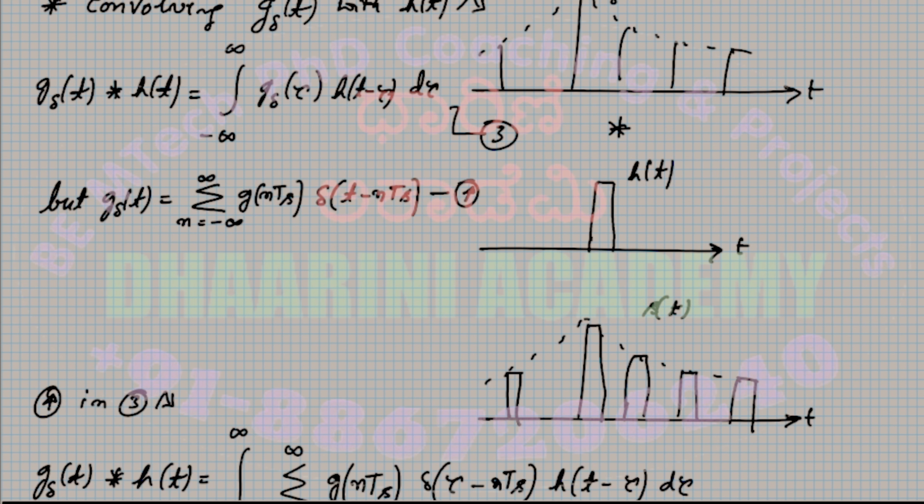If we try to represent G of t in terms of this S of t, we can transmit the signal using analog pulse modulation, wherein the sample values modulate the amplitude of a rectangular pulse train. So we can see that there are rectangular pulses over here, and those pulses are being modulated by the sampled values.